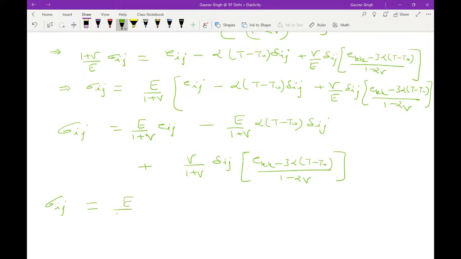So sigma ij equals E by 1 plus nu Eij minus E by 1 plus nu alpha (T minus T naught) delta ij plus nu by 1 plus nu times 1 minus 2 nu, ekk delta ij.